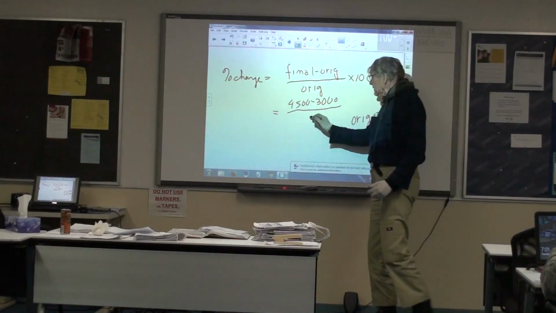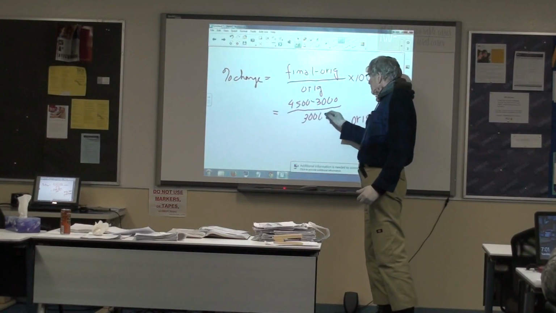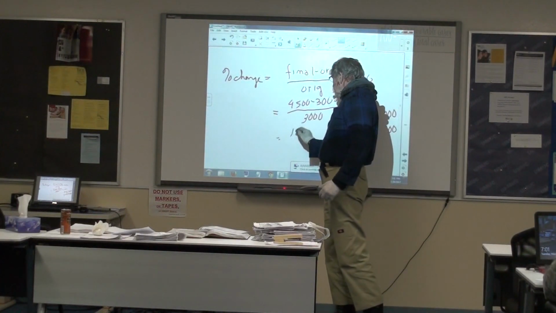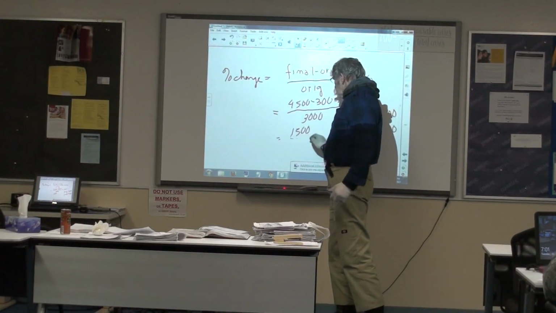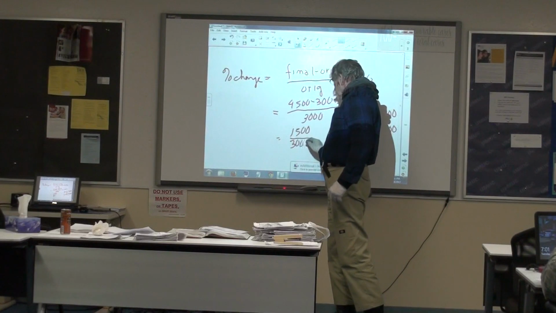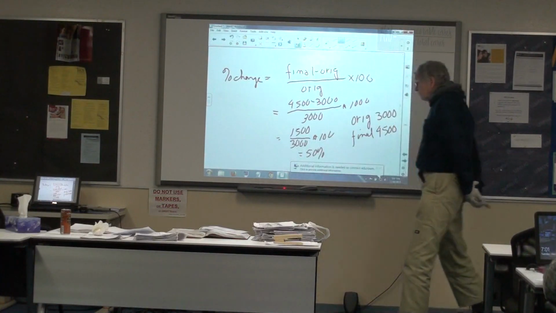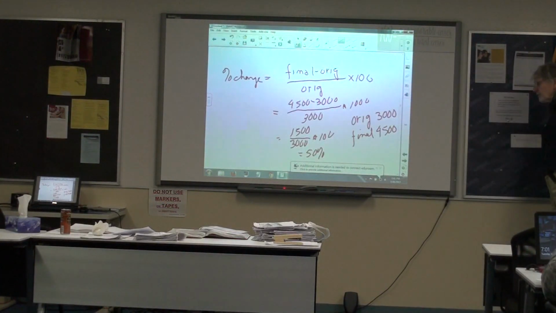So it's the original that has to go in the bottom, times 100. So it's equal to 1,500 over 3,000 times 100, which is equal to 0.5 times 100, 50%.